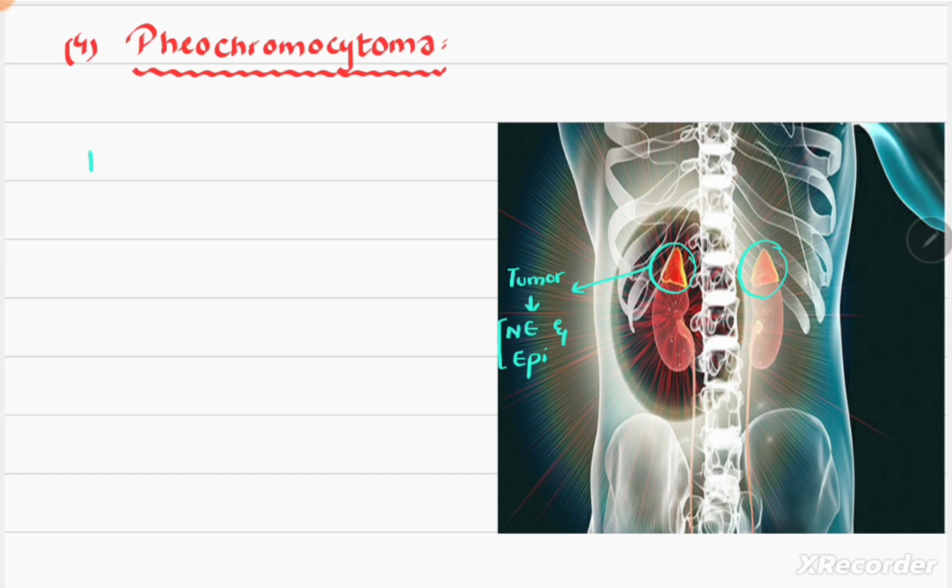In this regard, we use phenoxybenzamine and phentolamine. Both these drugs are the mainstay of therapy in the treatment of pheochromocytoma. The main clinical use of phenoxybenzamine is in the management of pheochromocytoma.